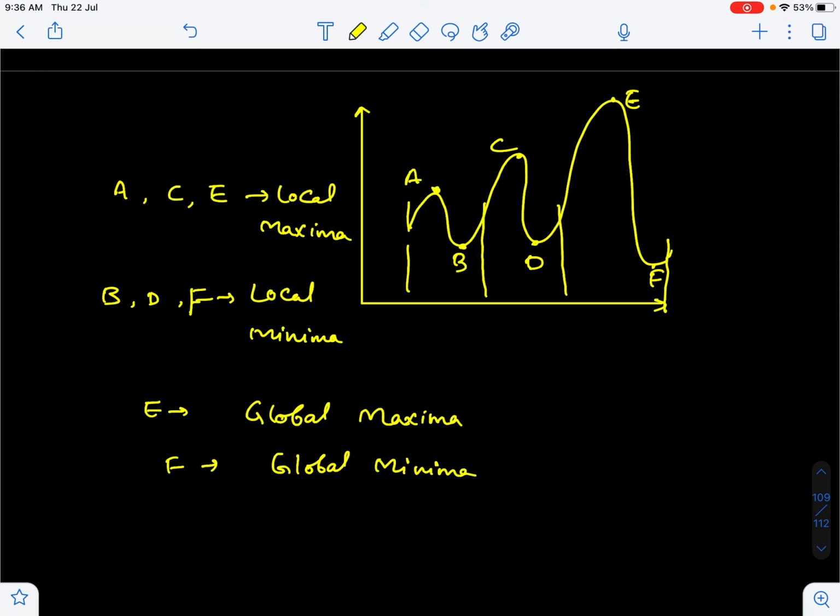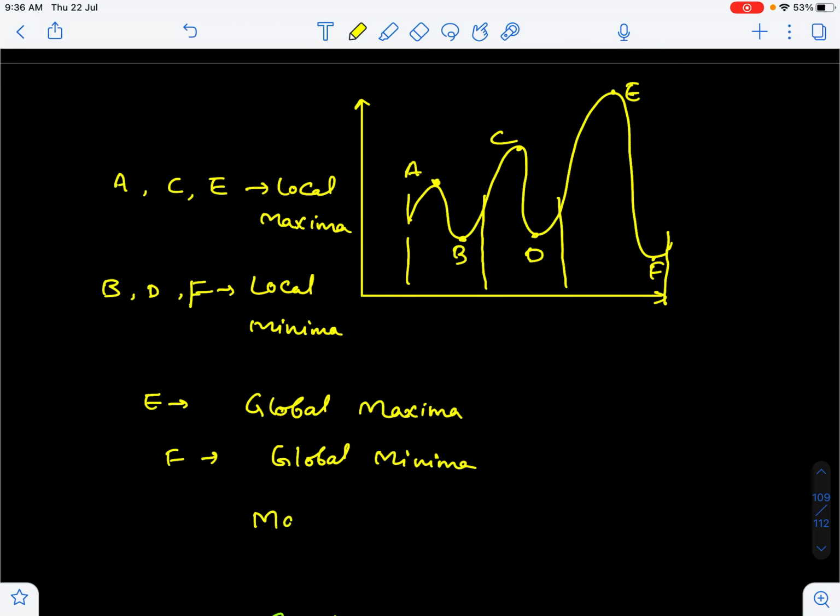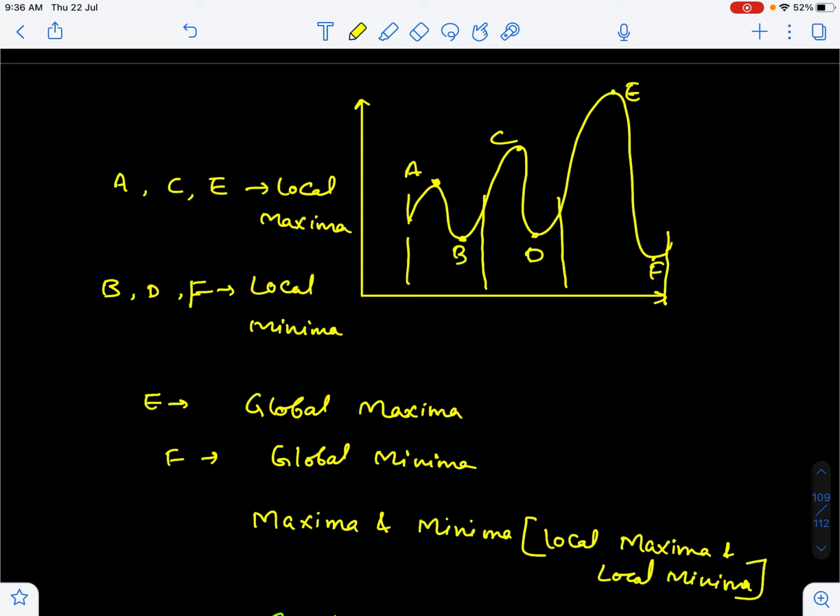So first thing I would like to tell you, maxima and minima give you the points of local maxima and local minima.